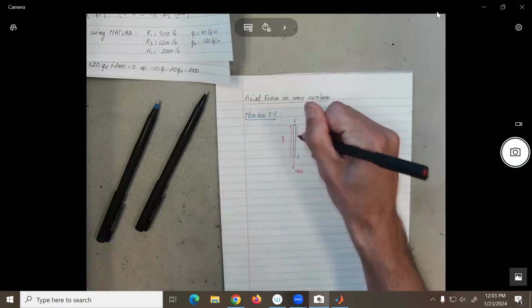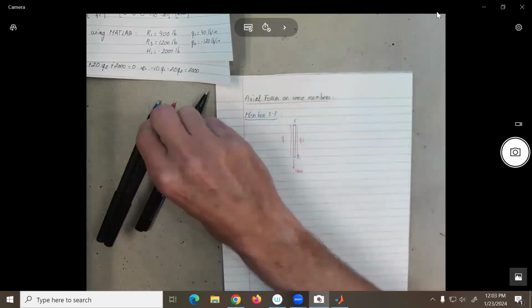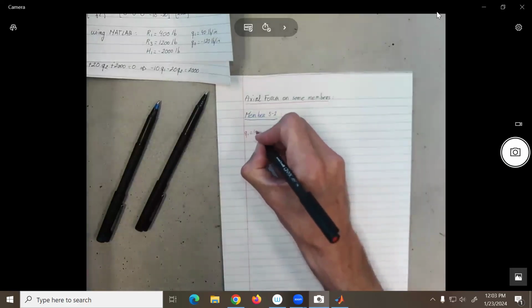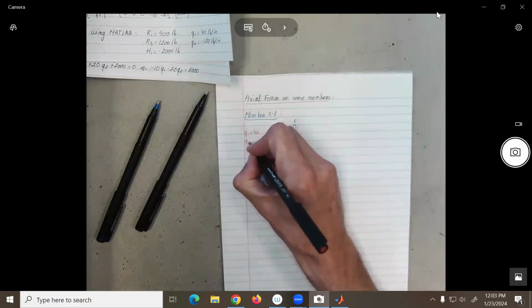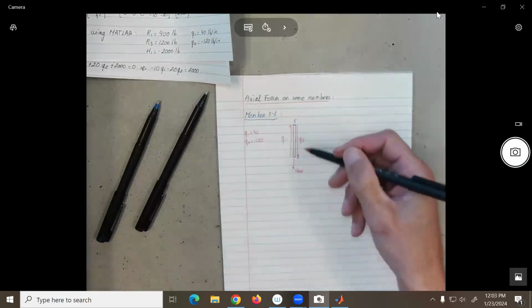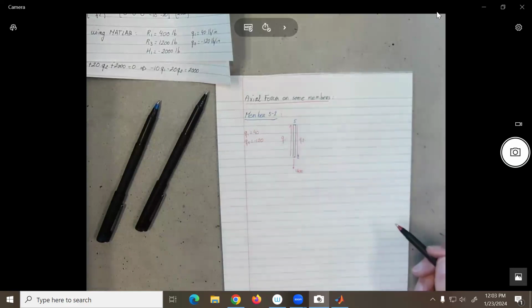Q1 over here, Q2 over here. And from the math, Q1 was 40, Q2 is minus 120. So Q2 really is going in the opposite direction, no?